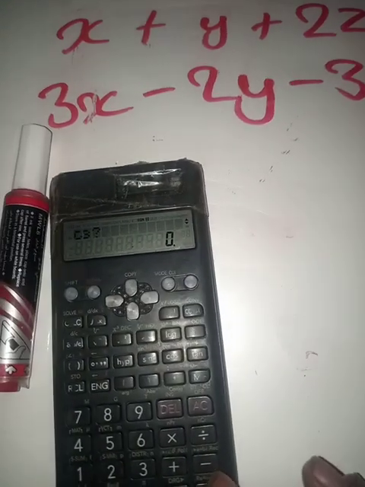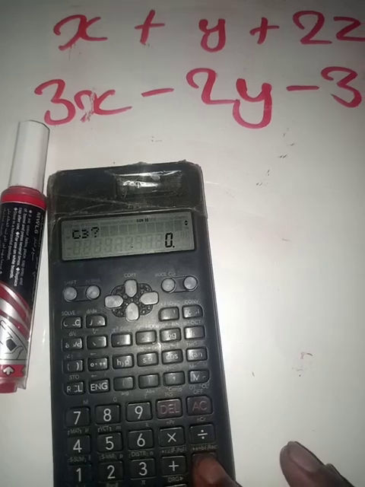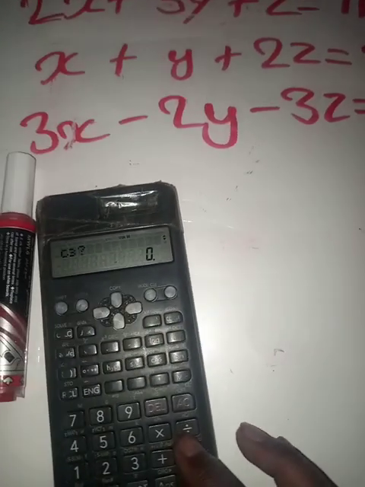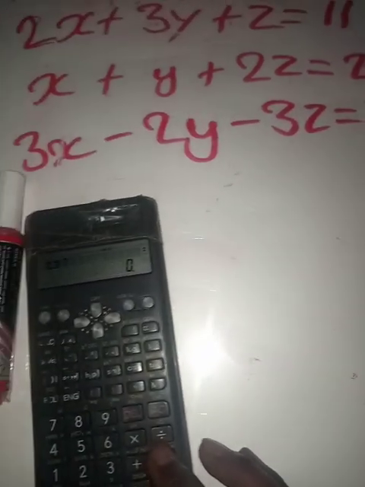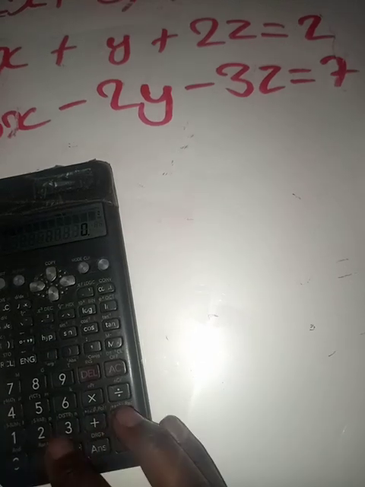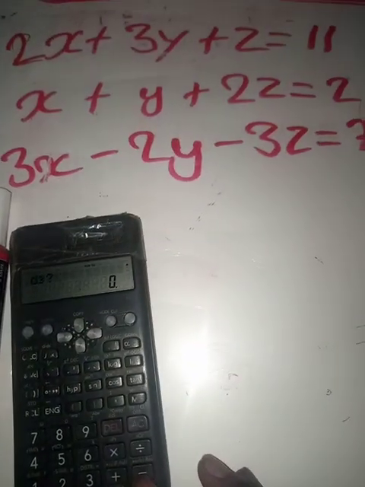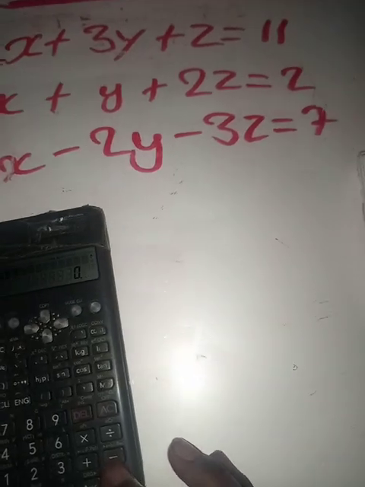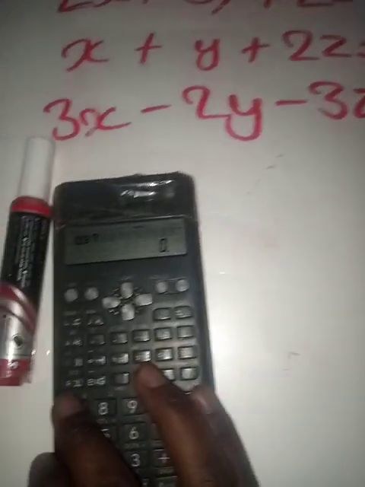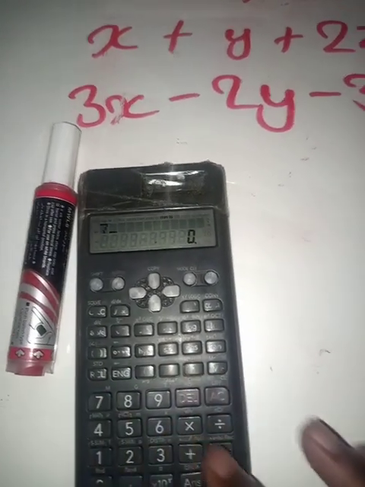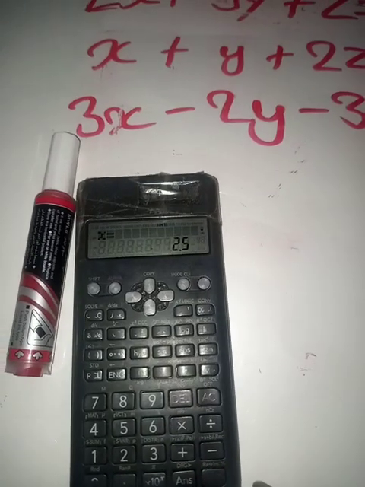Wow, so the negatives are continuous in this equation. Now in this again, we're going to type -3. Then we say equals. What is our d? Our d, we have got 7. So we input 7, then we say equals.